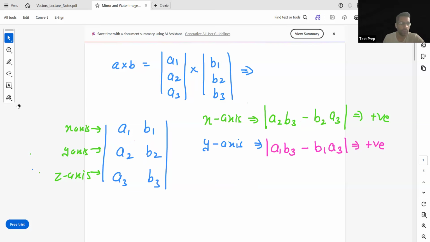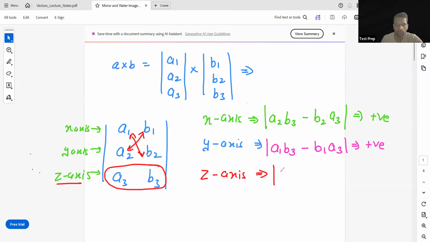Now, if we have to find the value of z-axis, this one, so this one will be eliminated, and the product of this one and the product of this one. Mod of B1 A2 minus A1 B2.